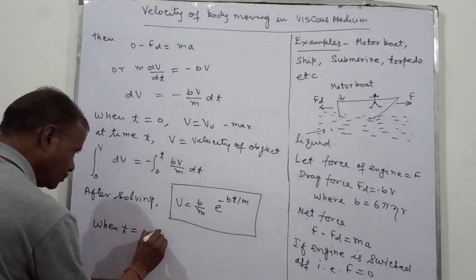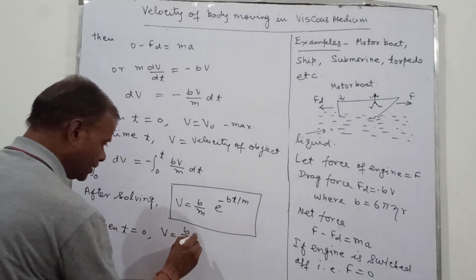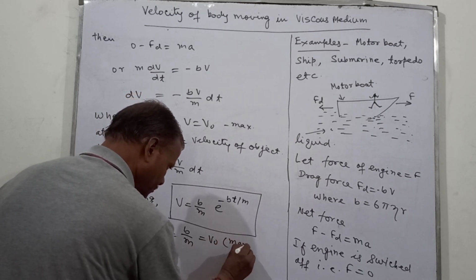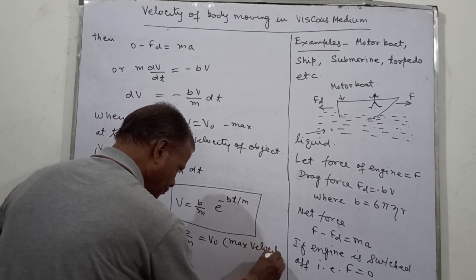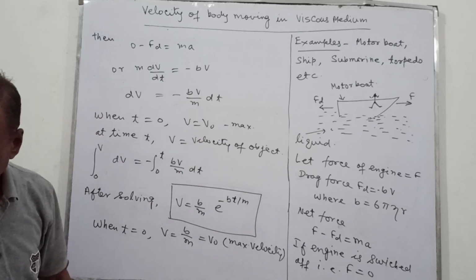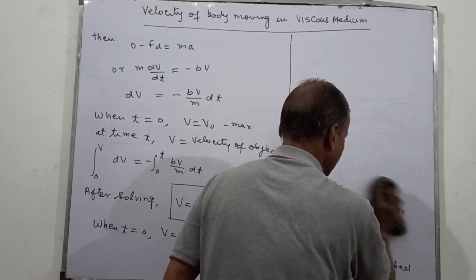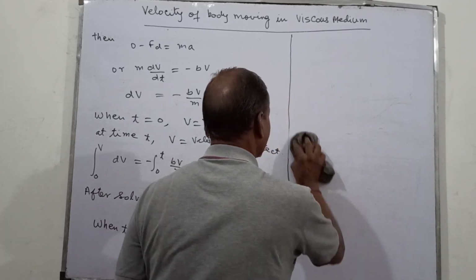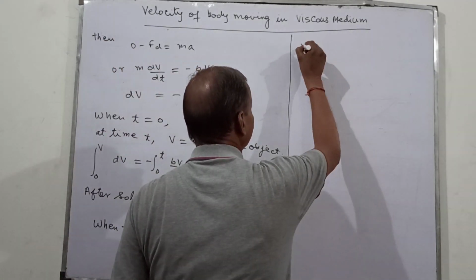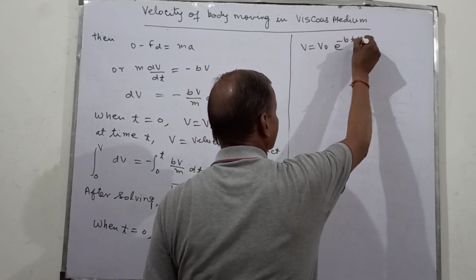When t equals 0, v equals v0, the maximum velocity, as we have seen here. So we have the equation v equals v0 e to the power minus bt upon m.